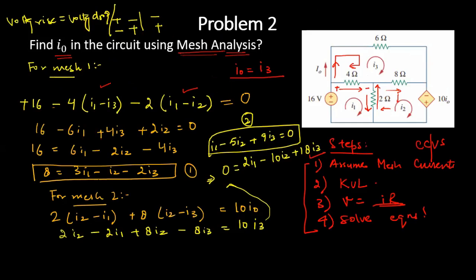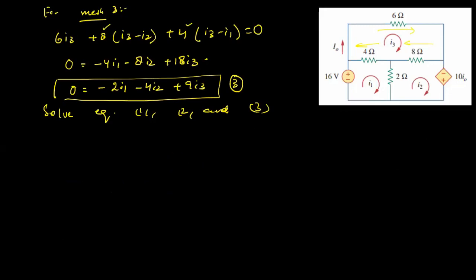So let me note down all these equations on a single page. The first equation was 8 is equal to 3I1 minus I2 minus 2I3. The second equation was 0 is equal to I1 minus 5I2 plus 9I3.